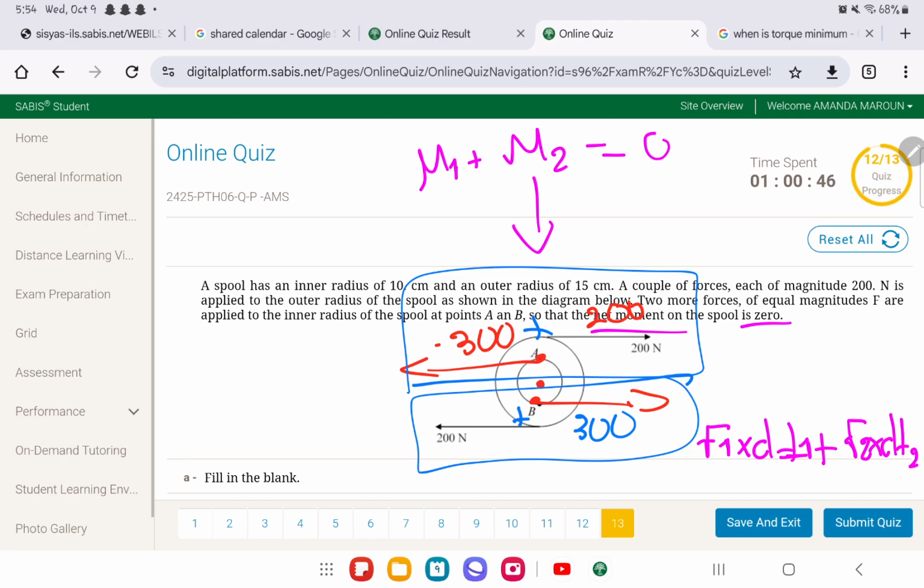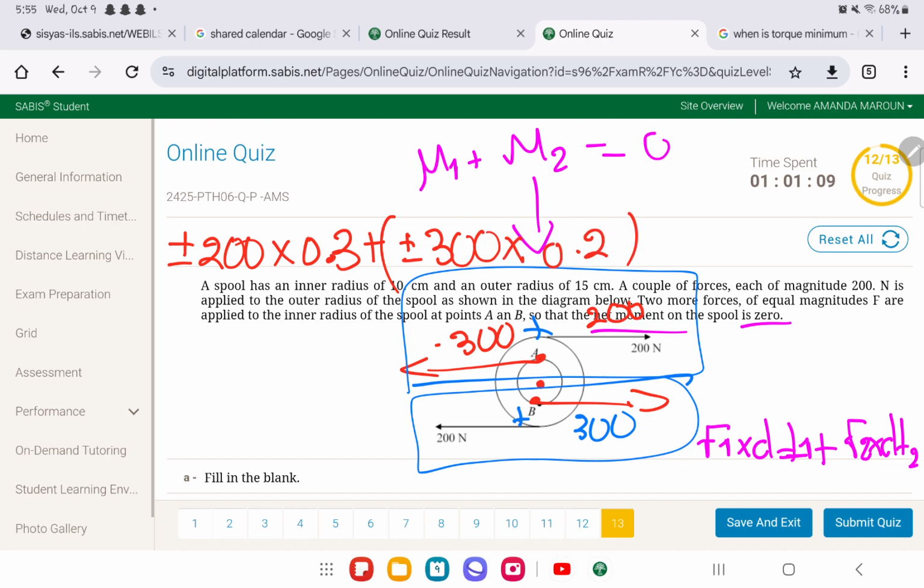If we used the upper ones and we did the right hand rule, we would get that force 1, which is 200, we're gonna say plus or minus 200, because we don't know yet, multiplied by the distance, which is 0.3 meters, plus the force, which is plus or minus 300, multiplied by the distance, which was 0.2 meter.